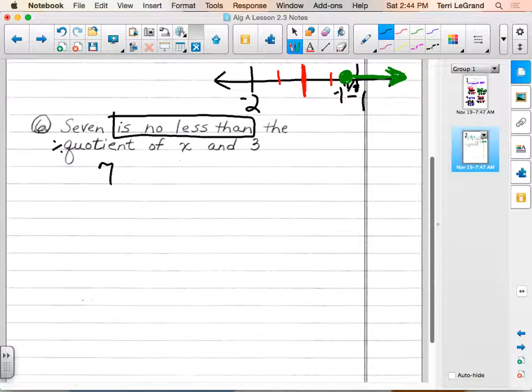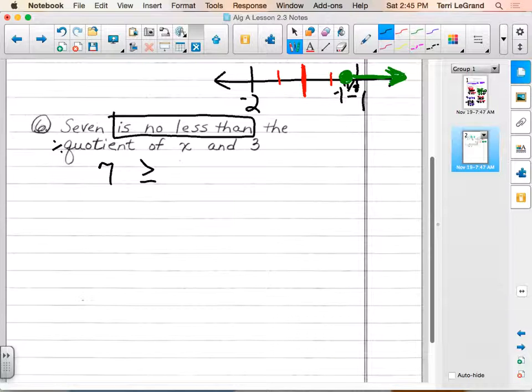So in other words, it can be 7, or it has to be whatever 7 is no less than. So it has to be moving in the greater than direction. So we're going to say is greater than or equal to. 7 is no less than.